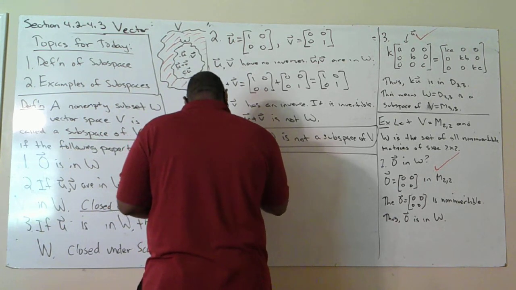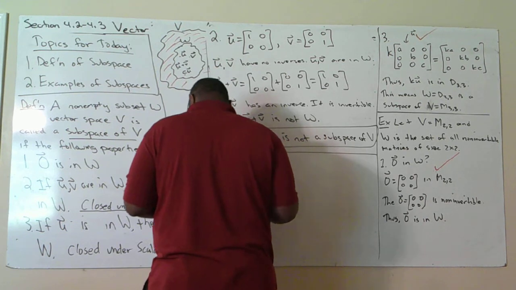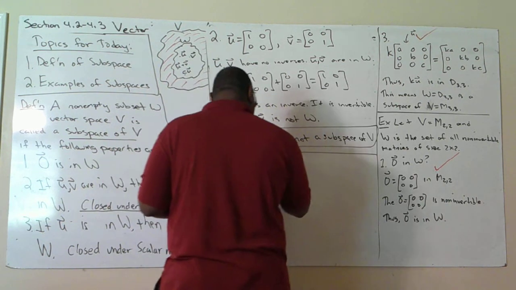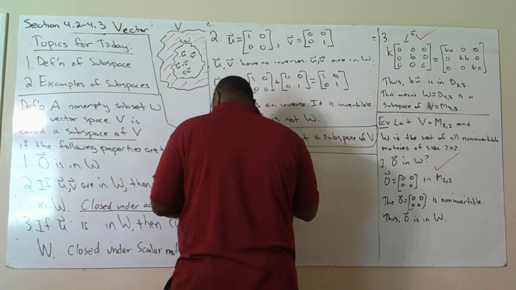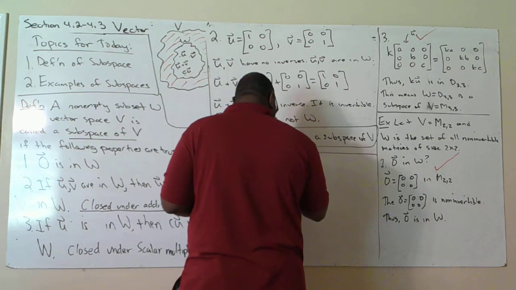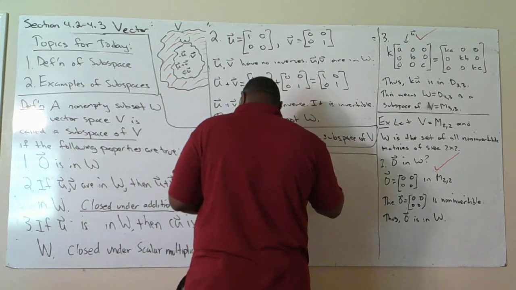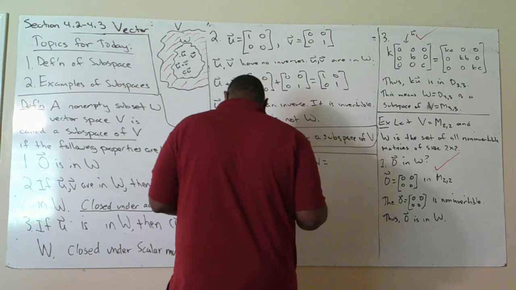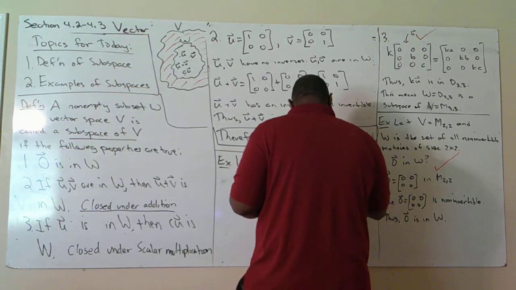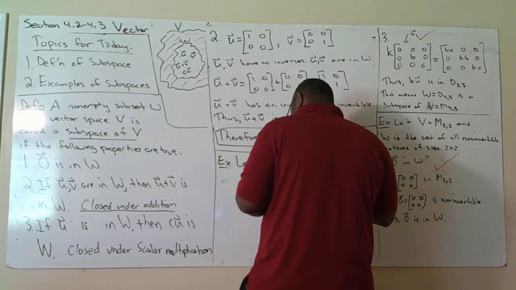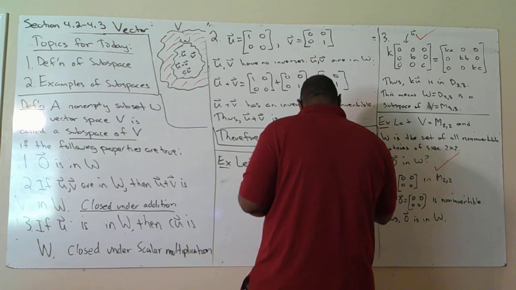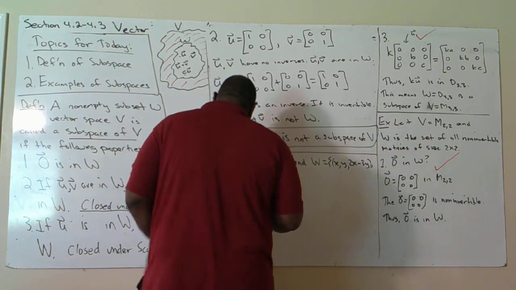Let V equal R cubed, and W is equal to all points, or all vectors, x, y, 2x minus 3y, where x and y are real numbers.